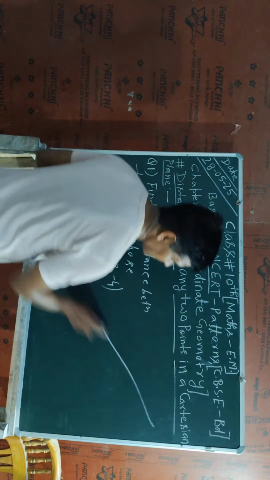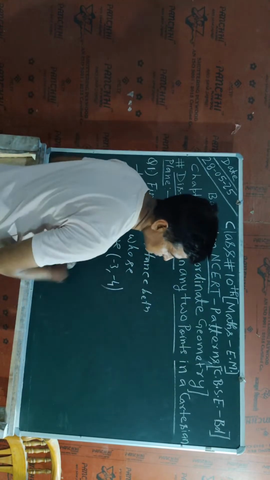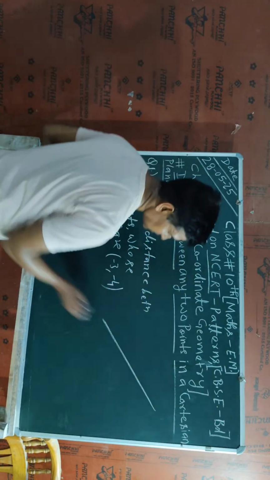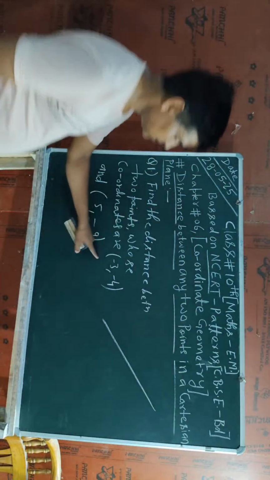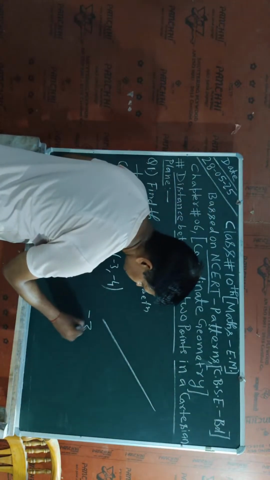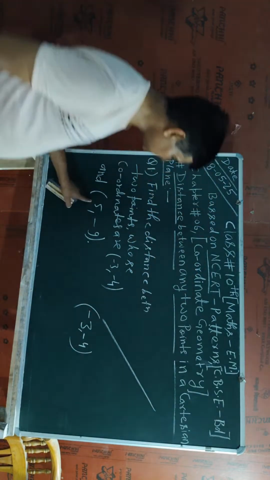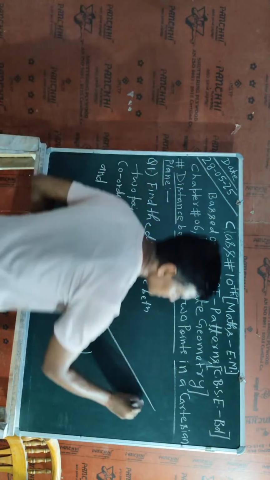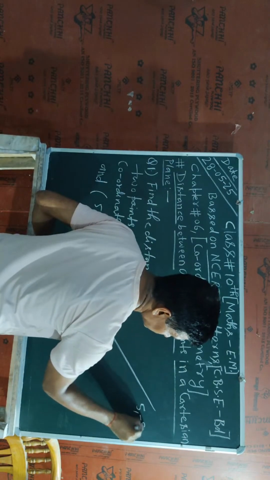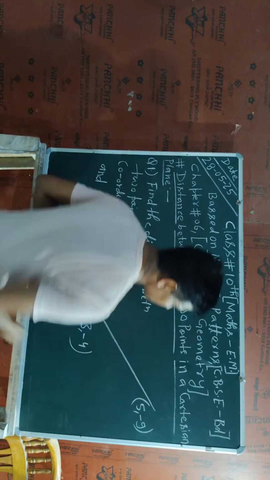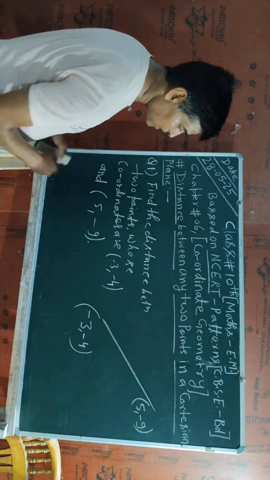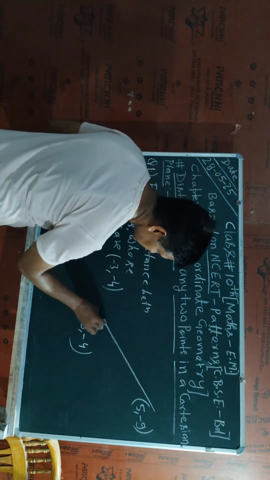So one point is, the other point is 5 comma minus. Now this point I will use.